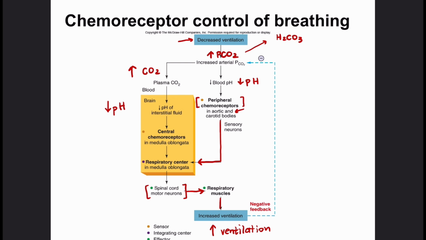Reminder here that the chemoreceptors within the medulla oblongata do not measure hydrogen ions, but they are able to sense pH. So this reduction of pH is going to activate the respiratory center in the medulla oblongata, which is going to activate our spinal cord and motor neurons, which then allows for activation of the respiratory muscles, increasing ventilation.